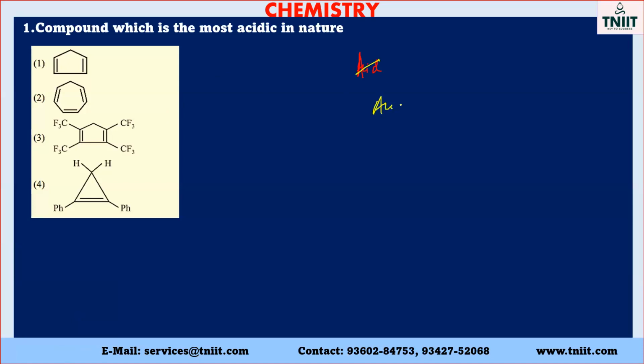We will take an acid and a base. These all are organic compounds. Now we will take an organic acid, acetic acid. This acetic acid, we know it is a weak acid, but its conjugate base is CH3COO minus. This conjugate base is strong.